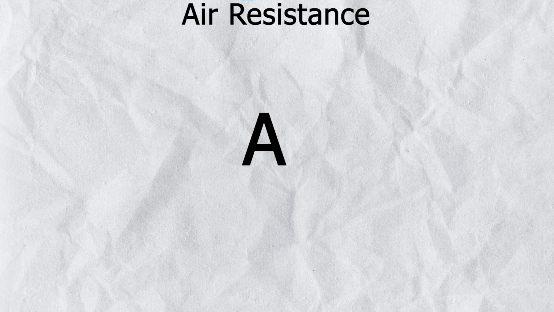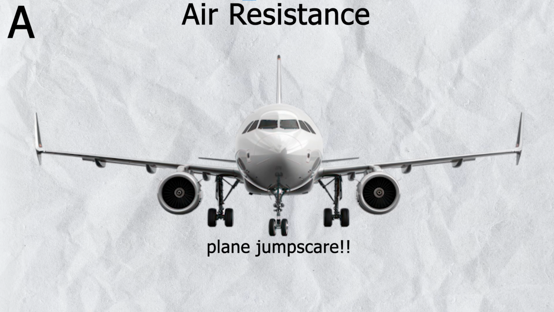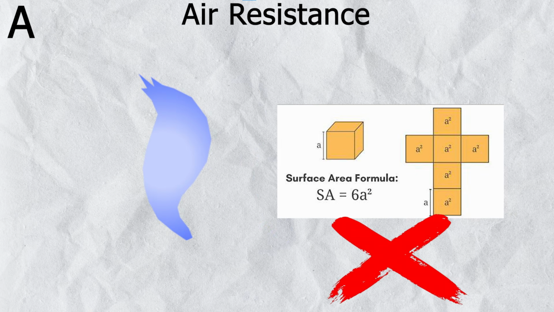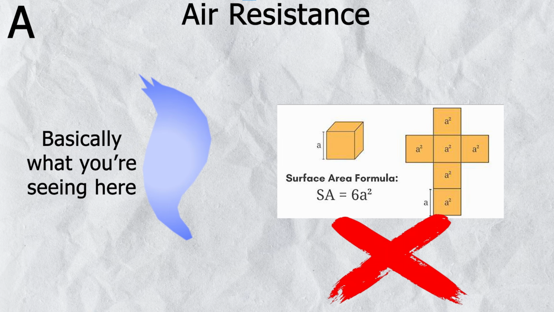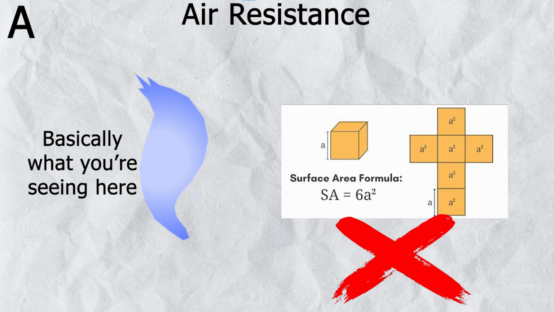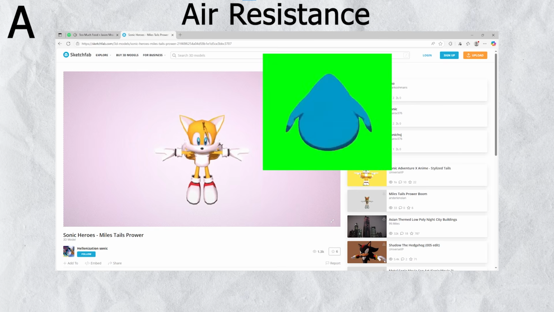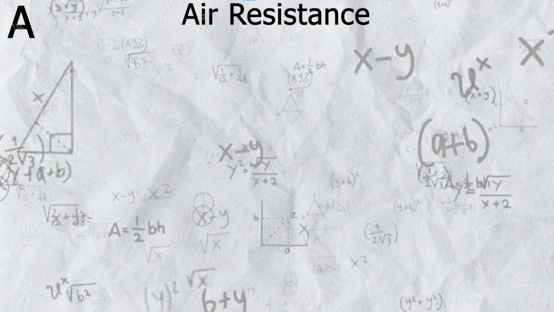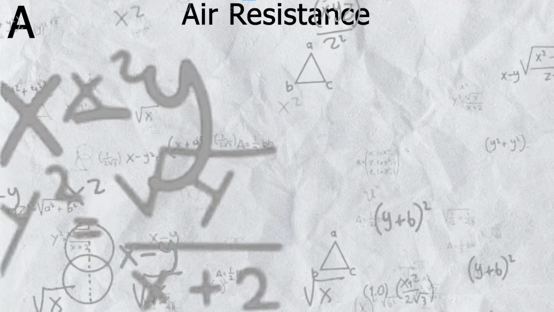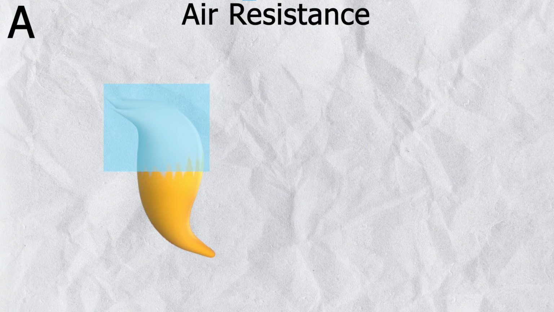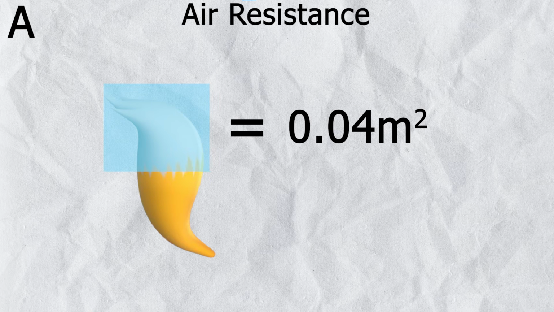Starting with the area, this is the forward-facing area of the object, which in this case are his tails. This is not the entire surface area of his tails, just what the air in front of his tails hits. To find this, we can just use a 3D model of Tails and estimate the area from there. Using a very complex and elaborate technique I like to call putting a ruler on my screen, I found that the white part of one tail is about 0.04 meters squared.